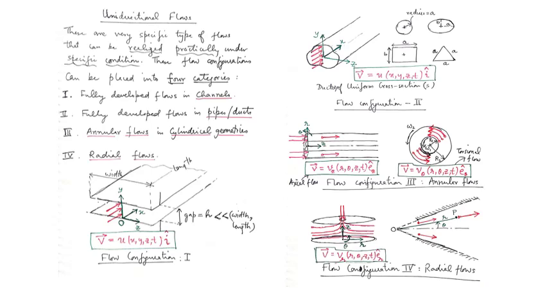So Vz Ez cap, and Vz is of course allowed to be a function of all space coordinates and time. Now there is another possible annular flow configuration, which is again between two concentric cylinders.